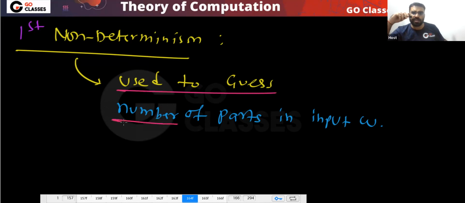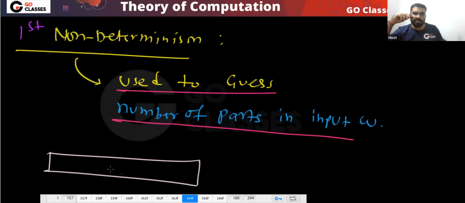You will use it to guess the number of parts. Tell me, is that enough? In this W, if I know k parts, is that enough?